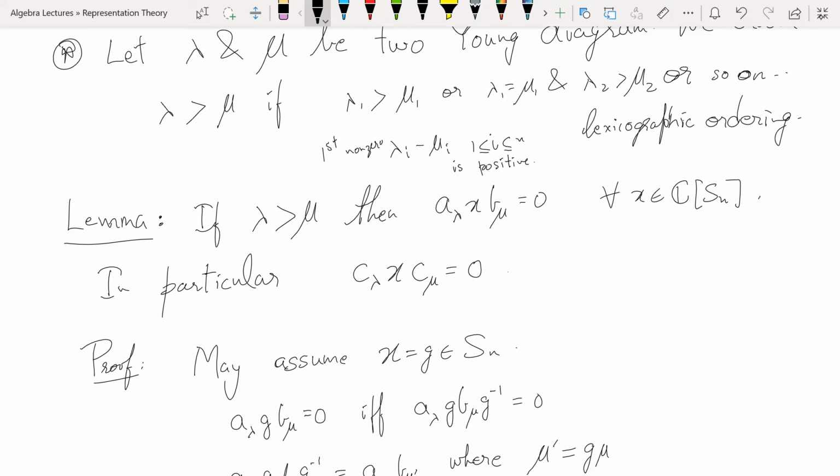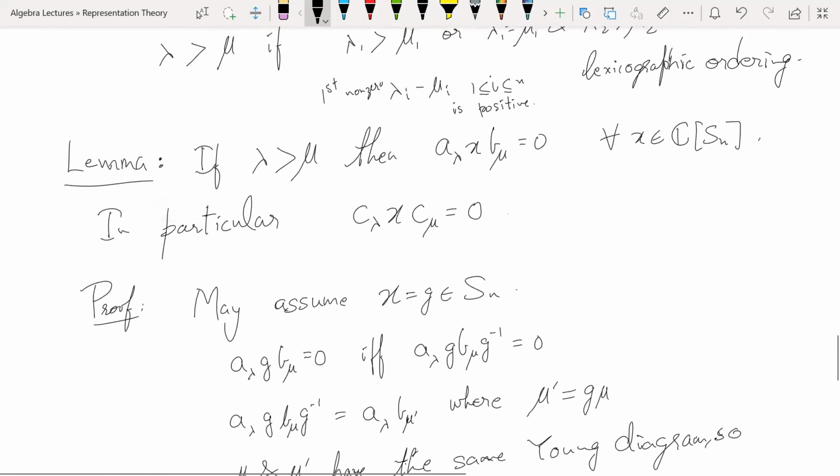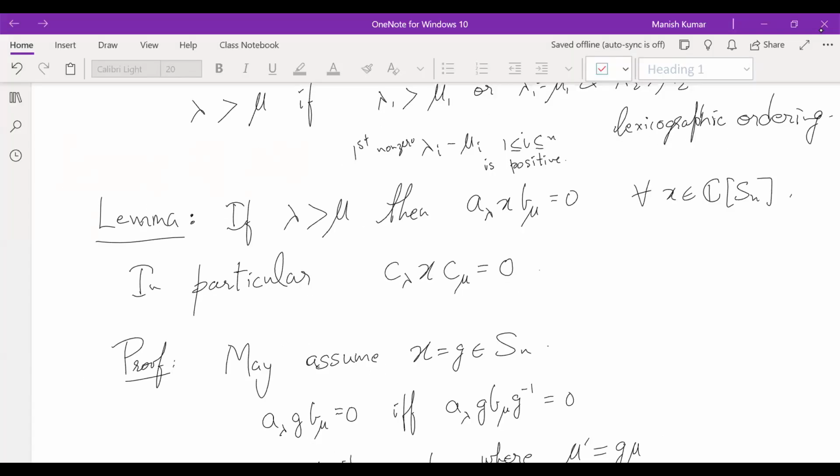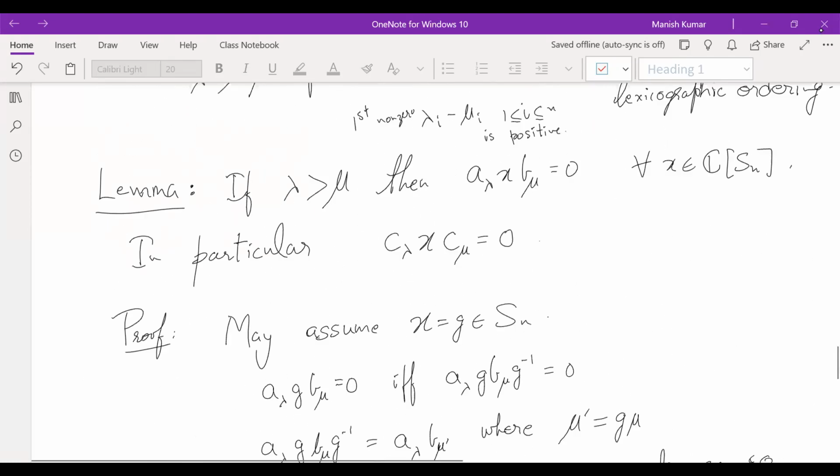That will complete the whole picture. The proof is somewhat similar. But it's already time, so maybe we'll do this next time.